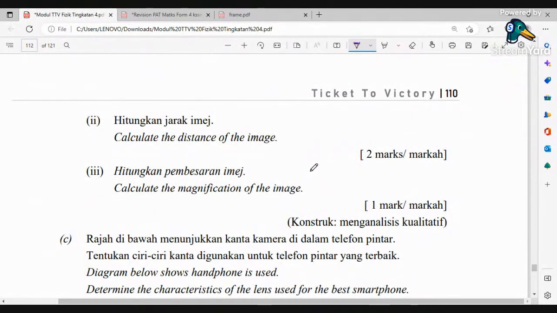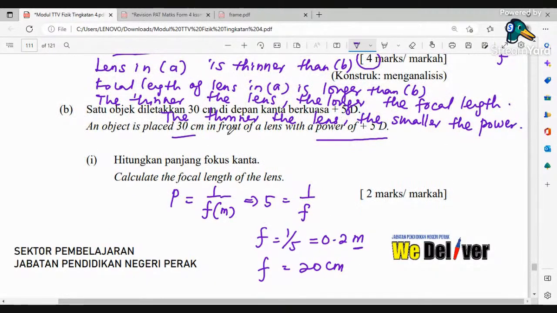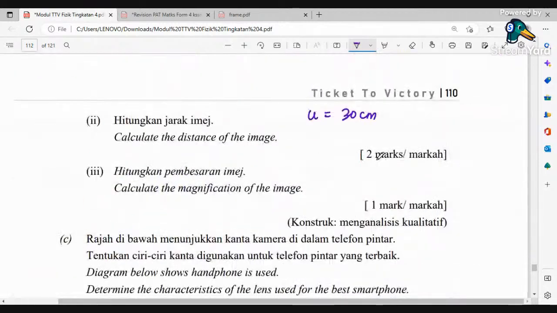Calculate image distance. Okay, already given U 30 cm. F 20 centimeter.